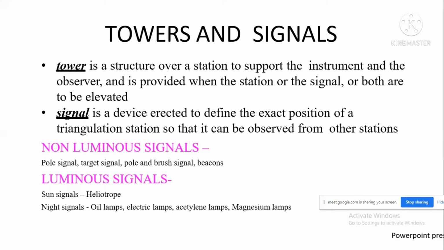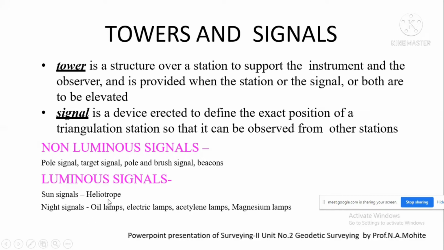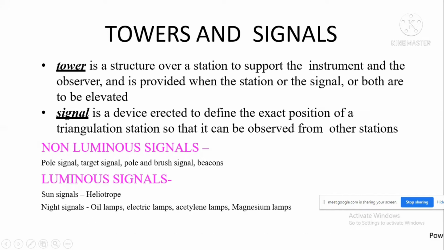There are two types of signals: non-luminous and luminous. Non-luminous signals are pole signal, target signal, pole and brush signals, and beacons, and luminous signals are sun signals and night signals, which we will see one by one. Before that, we'll see what we mean by tower.